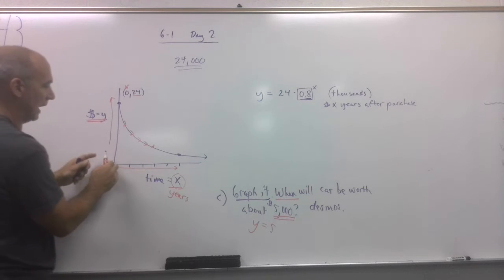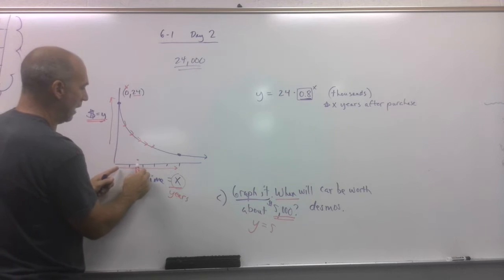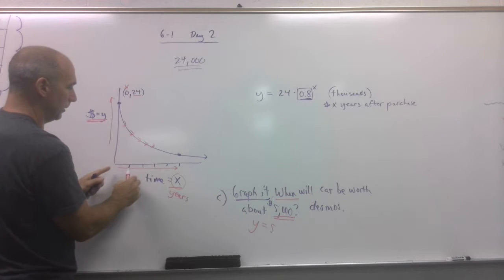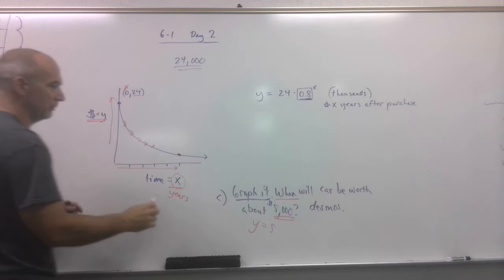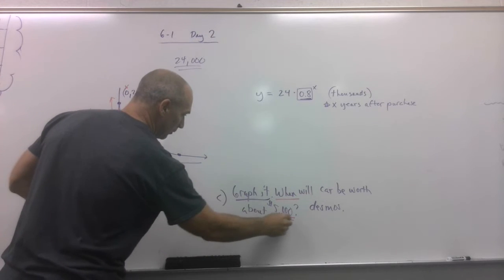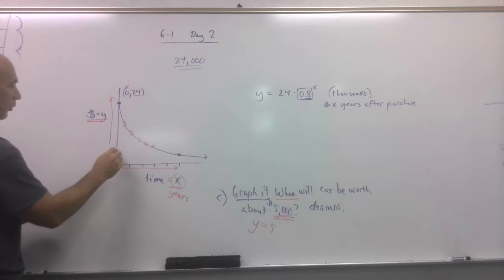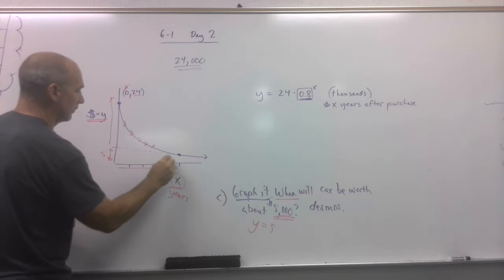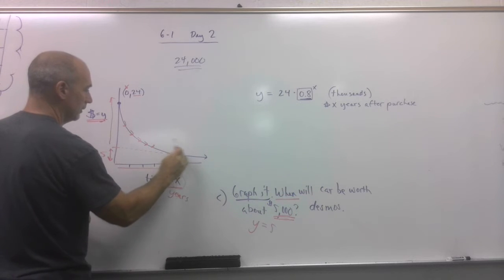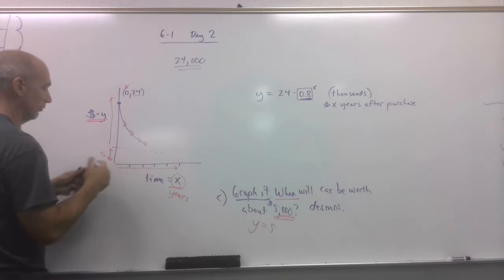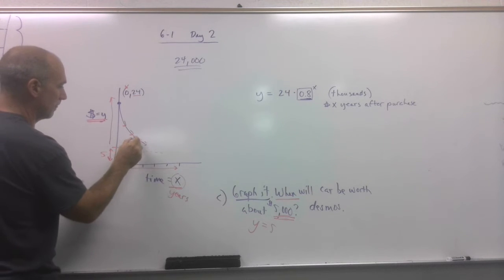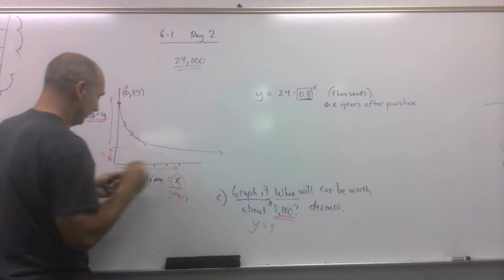So if you just kind of looked at your graph, and they say, when will it be worth 5,000? We're looking for where this value is 5. And if we went straight across, this drawing's not good at all. So I'm going to fix it a little bit. It should actually be like this.